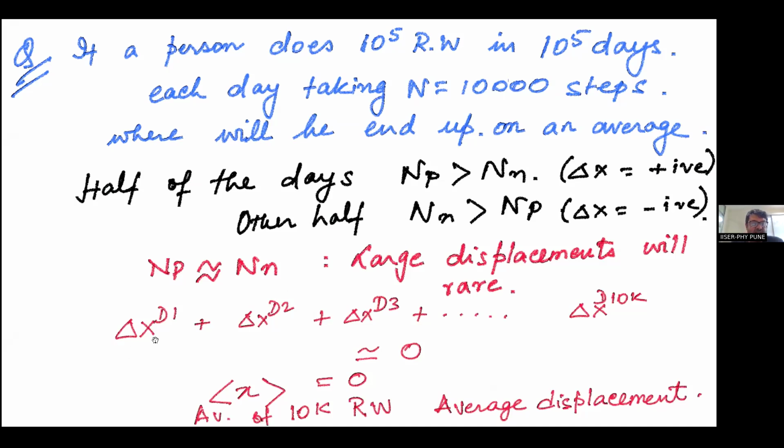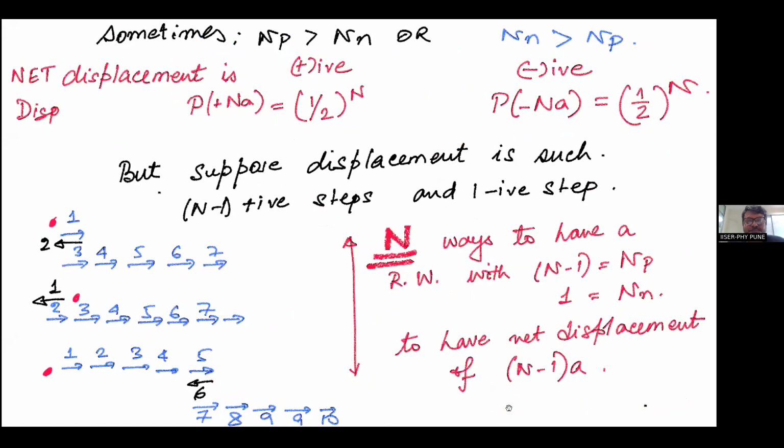So this is delta x for day 1, delta x for day 2, delta x for day 3 and so on. So you are basically taking delta x for 10 to the power 5, so this should be 100k, and the average will be 0. So the average displacement in that sense will be 0. So the average of 100k random walks will be 0, right? That's something which you can intuitively think, right?